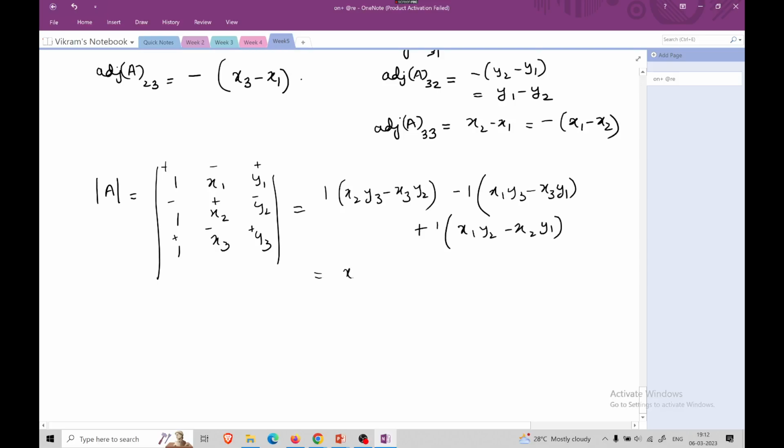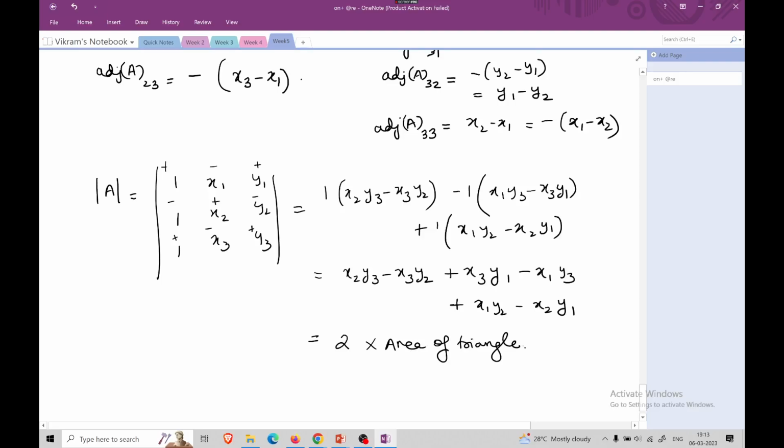So this is equal to x2 y3 minus x3 y2 plus x3 y1 minus x1 y3 plus x1 y2 minus x2 y1. So this will be 2 times the area of the triangle. The area of a triangle with vertices x1, y1, x2, y2, x3, y3 is half of this determinant, so this determinant will be 2 times the area of the triangle. Let us say this is 2Δ.